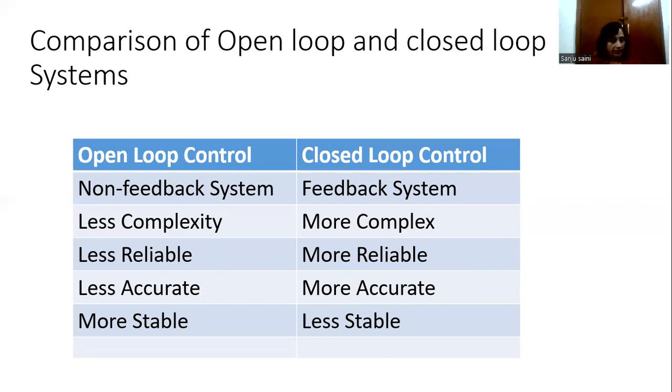And if you improve the quality, of course the cost of the system will increase. So we cannot make the components very accurate in all applications because of cost criteria. So open loop control systems come out to be less accurate compared to closed loop control systems.